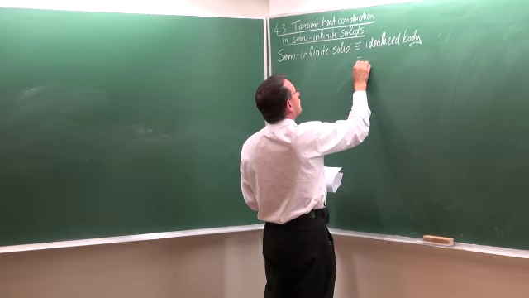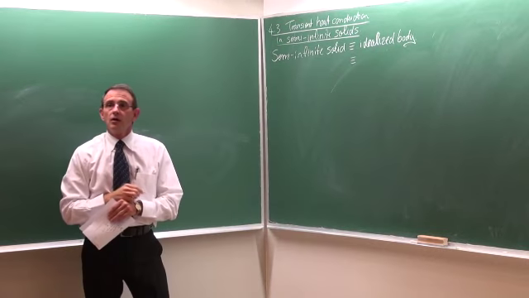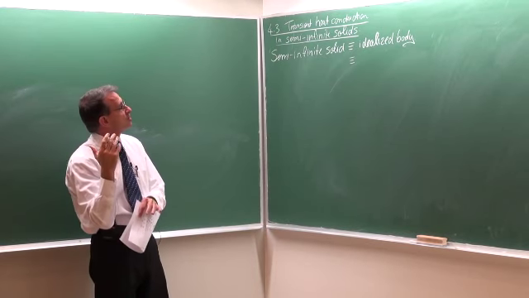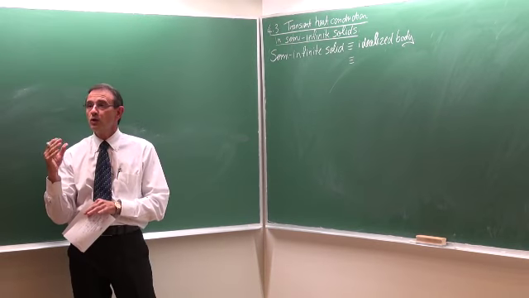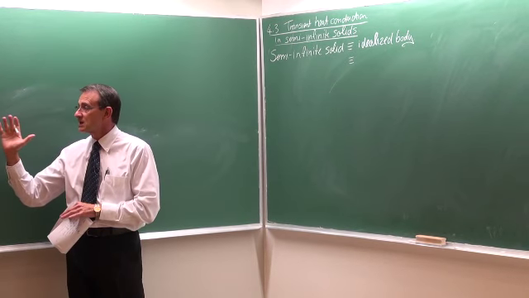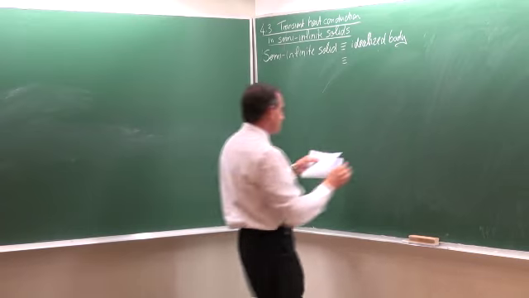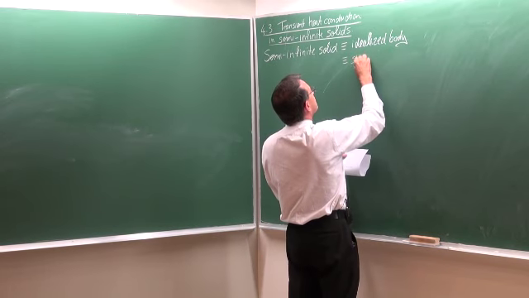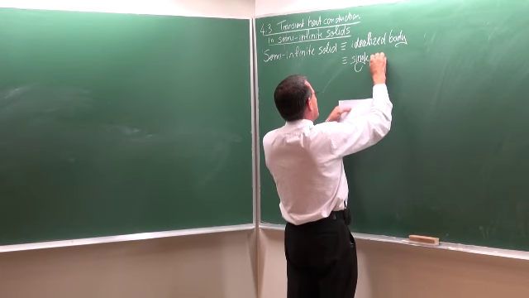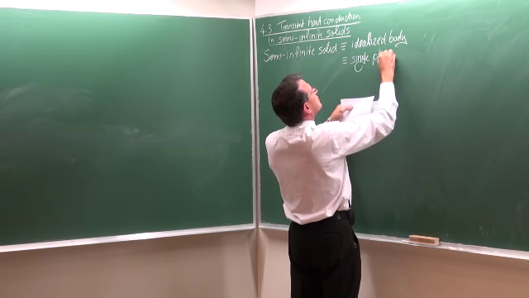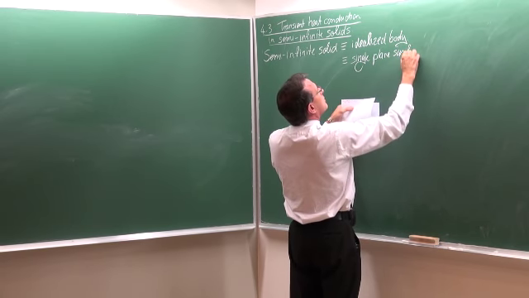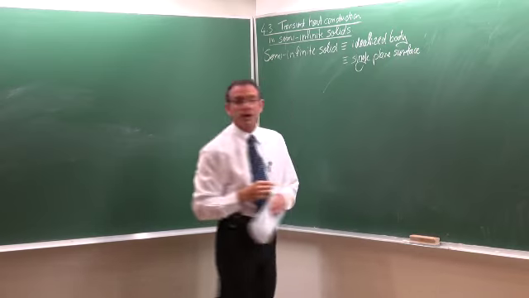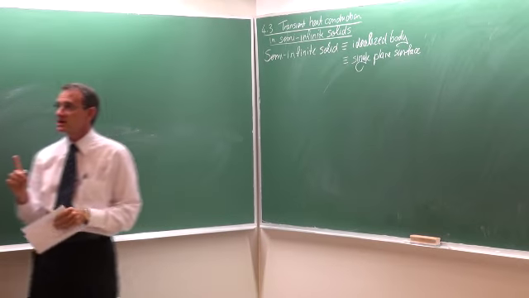But for the purposes of our study, a semi-infinite solid that we are going to work with is going to have 2 important characteristics. Firstly, it's going to have a single plane surface. That is the first characteristic.